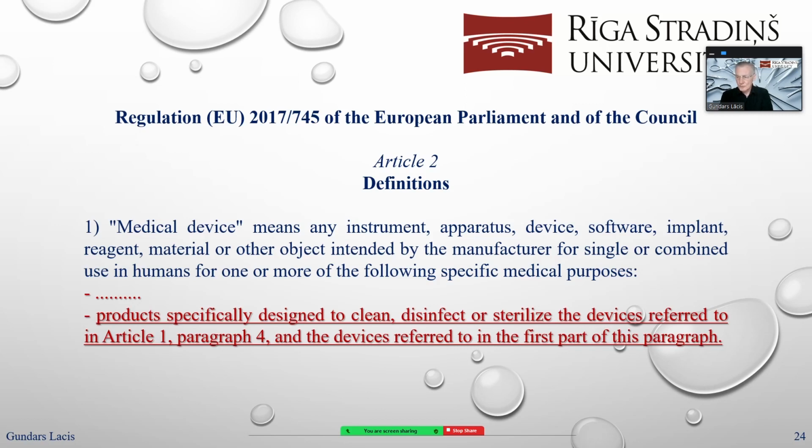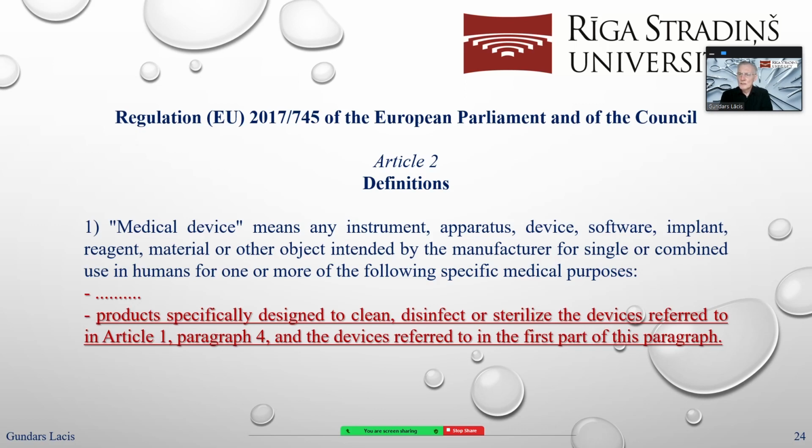Okay, here are a lot of specific purposes, but one of these is products especially designed to clean, disinfect, or sterilize devices referred to in Article 1. And what does it mean?